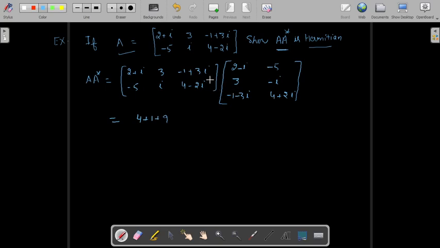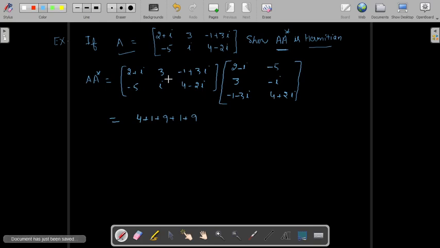This into this: minus 1 plus 3 iota, minus 1 minus 3 iota. So a plus b, a minus b becomes a square, minus 1 square, so 1, and minus 3 iota square. Iota square is minus, so minus minus plus, so plus 9 here.